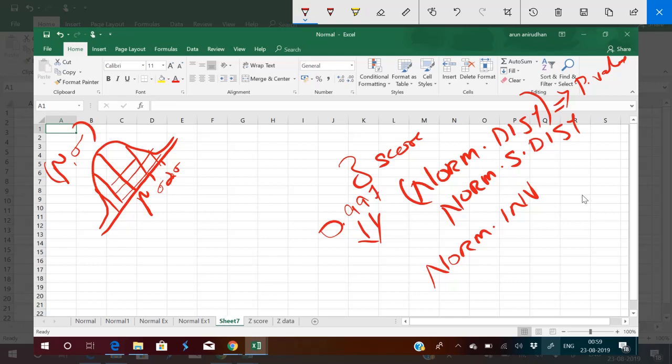So if you got a p-value, what will be the corresponding z value there? For that you have got an equation Norm.S.Inv. I will show you some examples of that later.